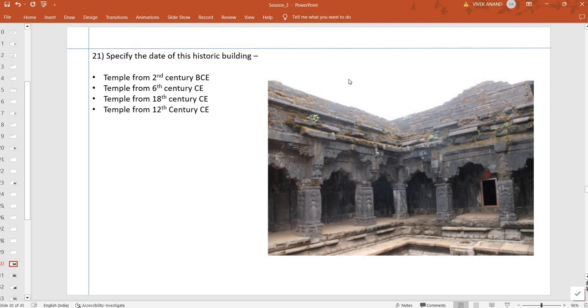Can anyone take an image search and tell which building this is, or anyone remember which building this is? Anyone, please. It's a very famous temple.